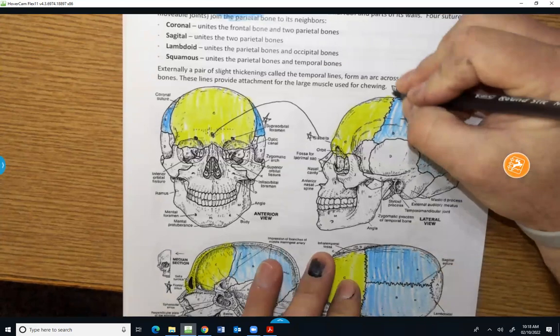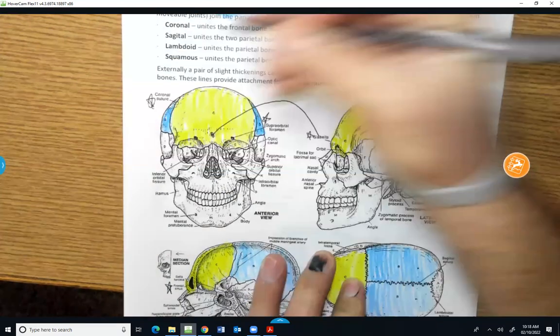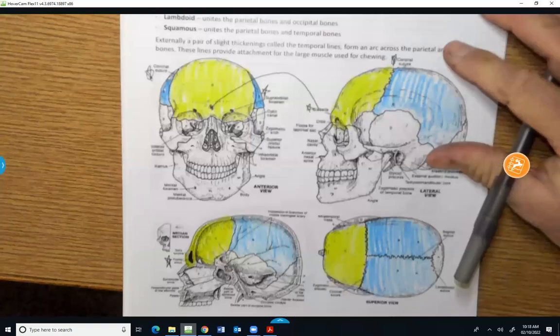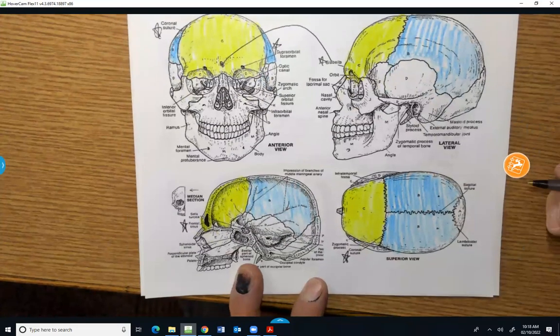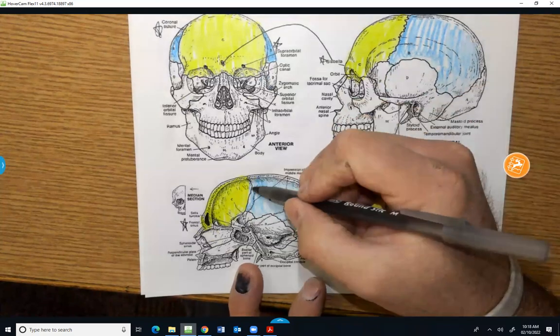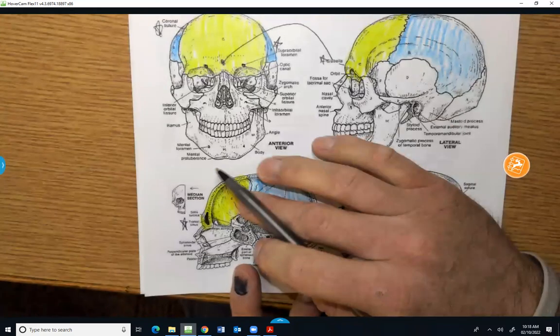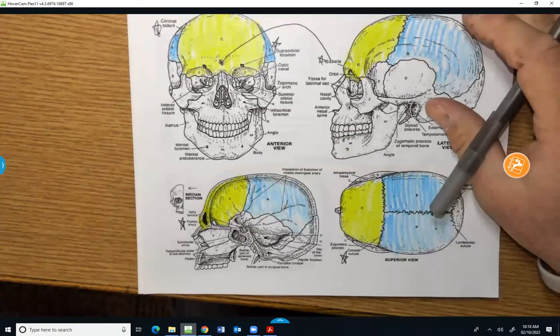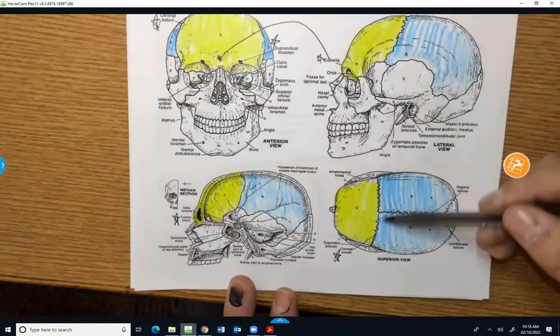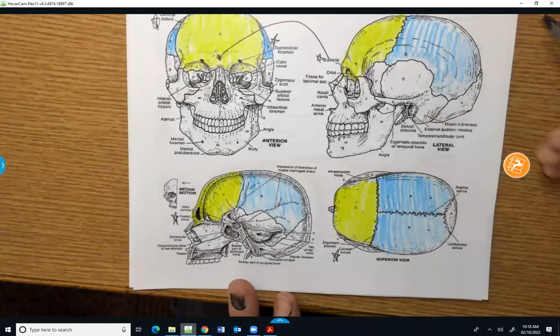First of which is called the coronal suture. Visible here in our top 2 images, as well as down here. You could also draw an arrow and label it over here. The only reason I included this image was for that frontal sinus, like I said. This is the divider between the frontal and the two parietals.